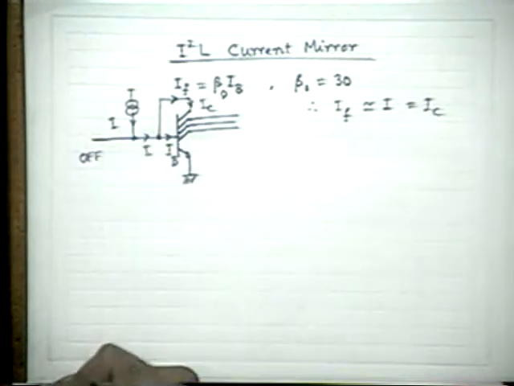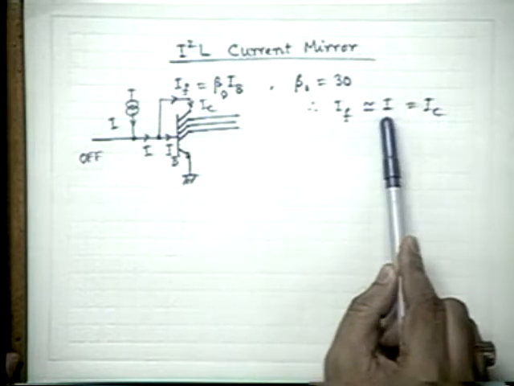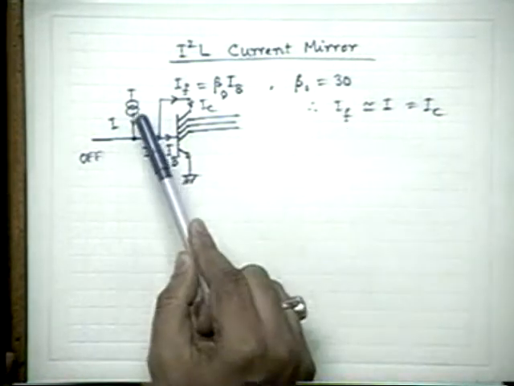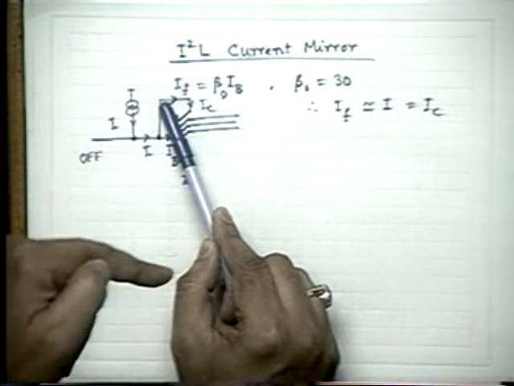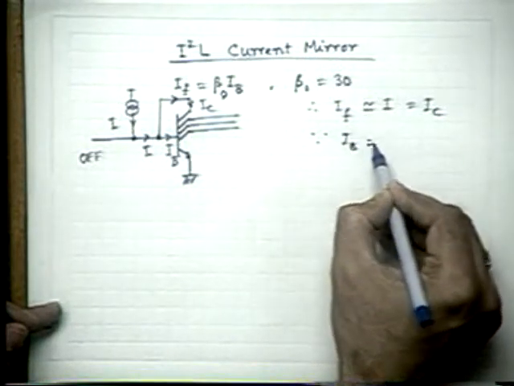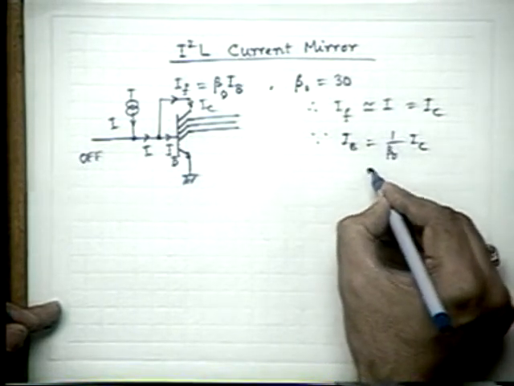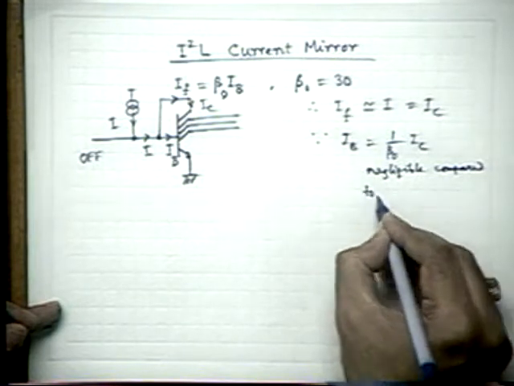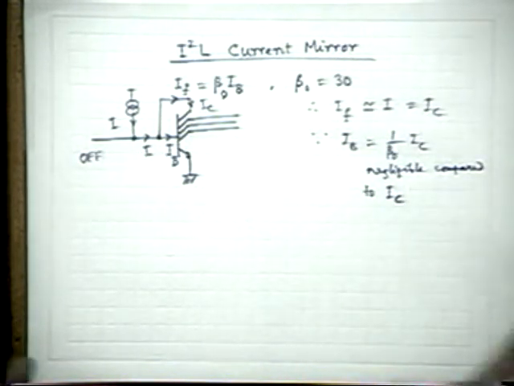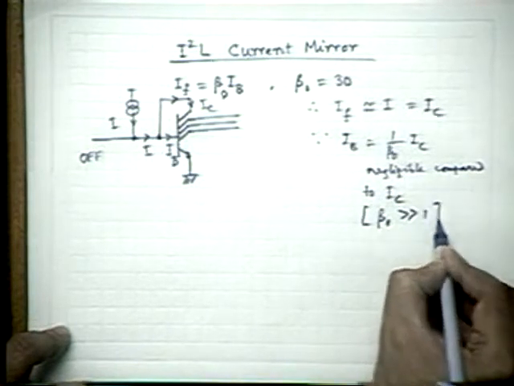IF, I have called it feedback current, is also the collector current, and that is practically equal to I. Because IB will be a negligible fraction, only 1/30th in this particular case, since IB is equal to 1 by beta naught times IC, which is negligible compared to IC, because beta naught is reasonably high, assuming beta naught is much larger than 1.